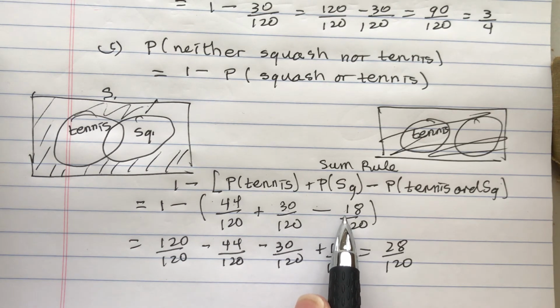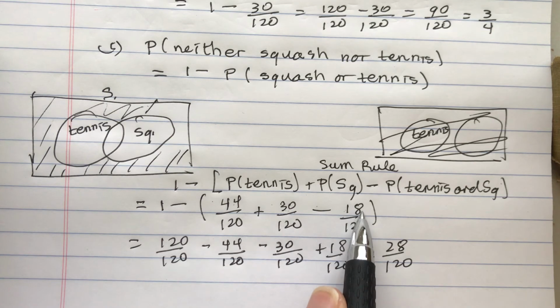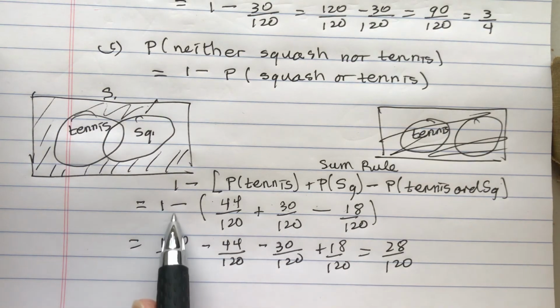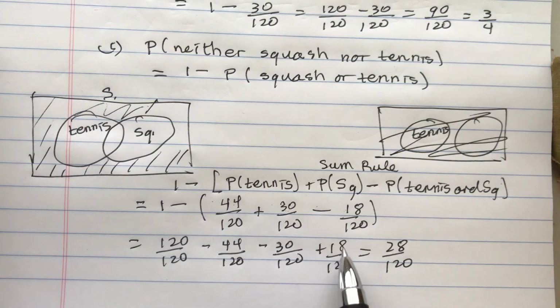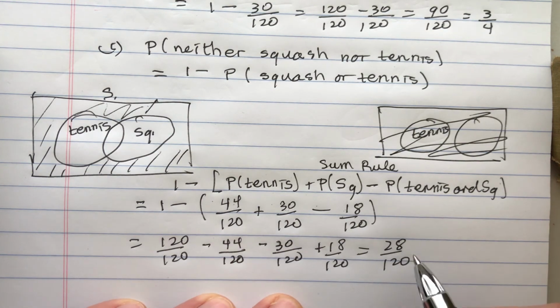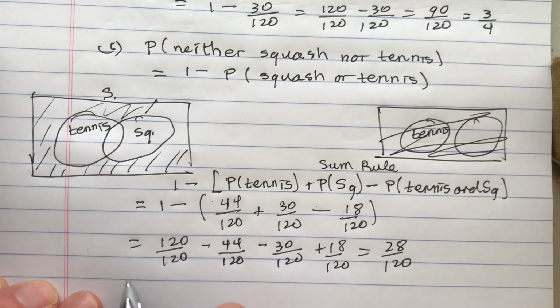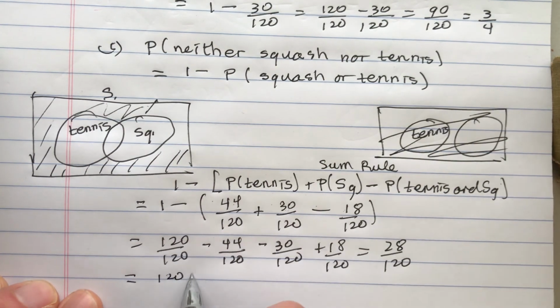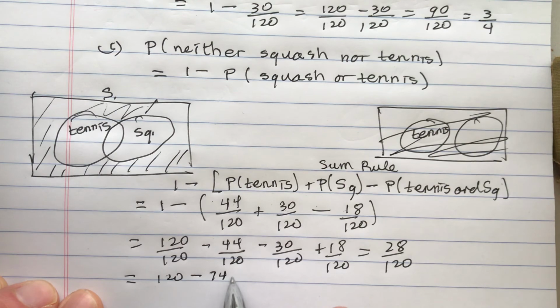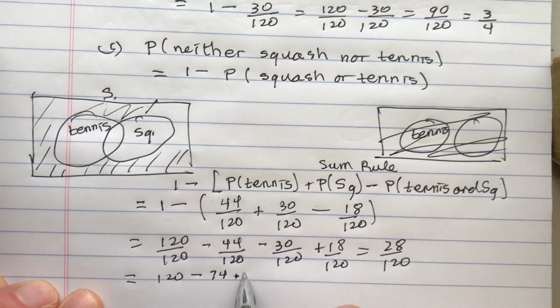Minus 18, 56. 1 minus 56, or 120 minus 56 is, sorry, I don't think this is right, but okay, this is 120 minus 74 plus 18.